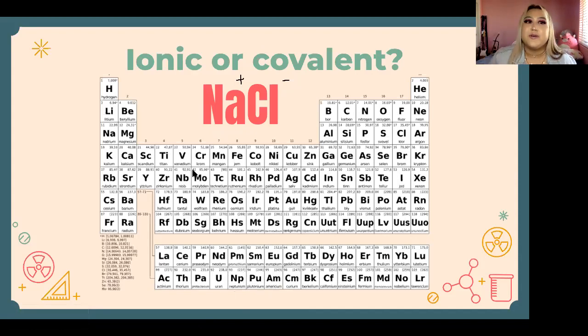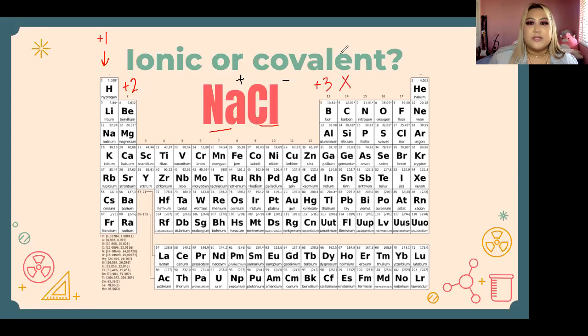I'm not sure if you guys know the trick. I don't know if she told you, but you can tell what charge these have, and it only works for the representative groups, the A groups. If it's in the 1A group, it has a +1 charge, +2 charge for the 2A, +3.